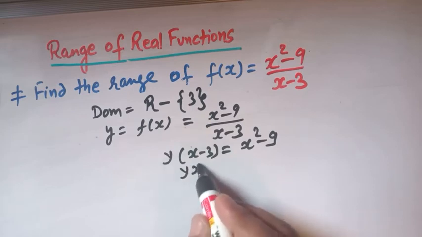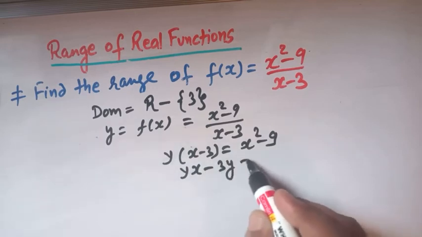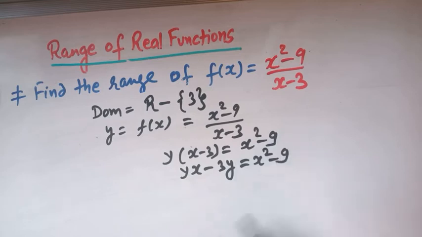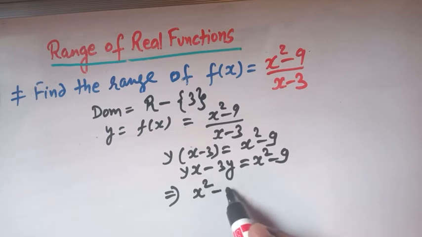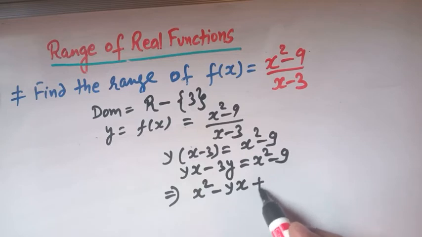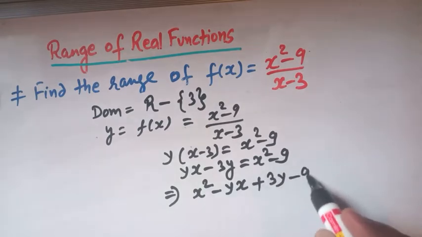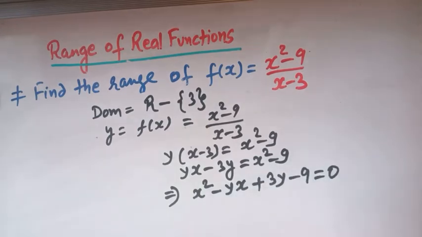So we have yx minus 3y is equal to x square minus 9. So here we can write x square minus yx plus 3y minus 9 is equal to 0. So we have got this expression.